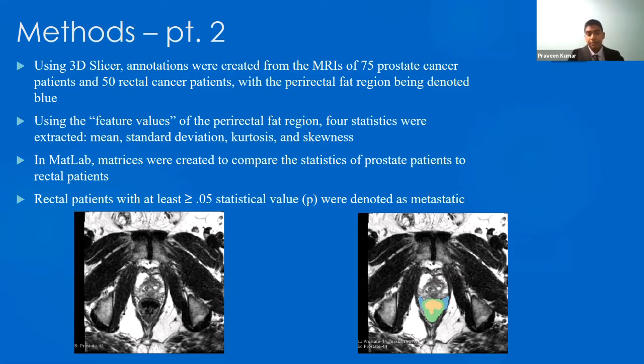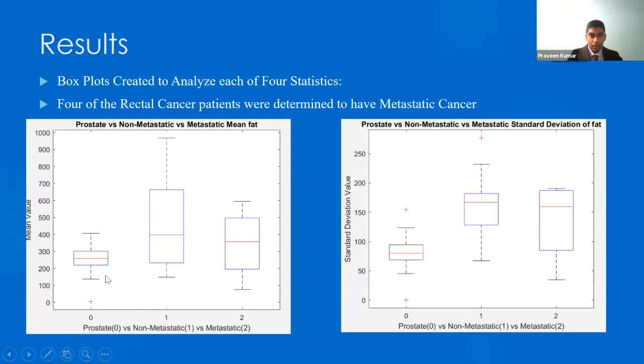If the rectal cancer patients had statistical significance, they were denoted as a metastatic cancer patient. After compiling all of these patients and their statistics into matrices, we were able to determine that 4 out of our 50 patients were determined to have metastatic cancer.